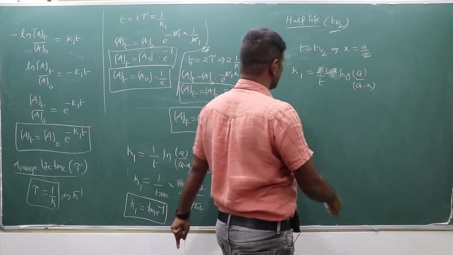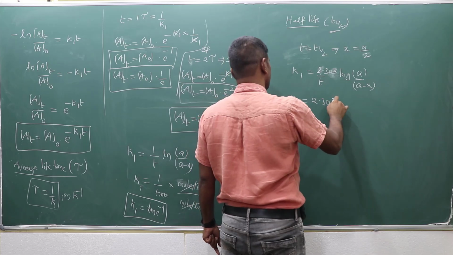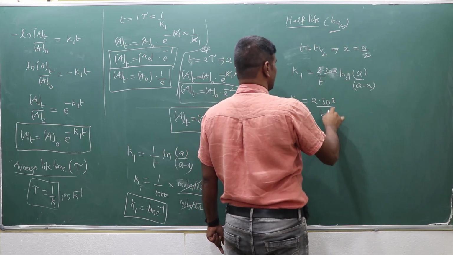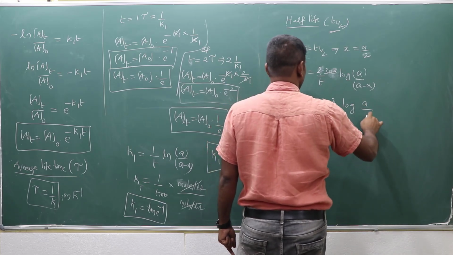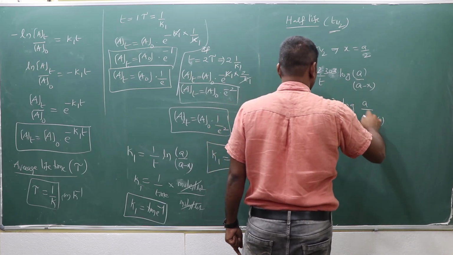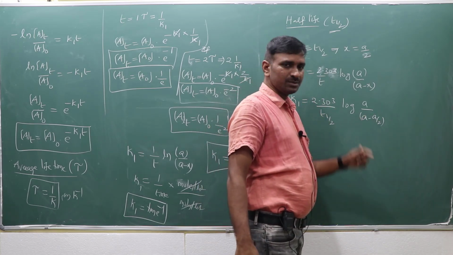In the place of x we substitute a by 2. So log a by a minus a by 2, that means a minus a by 2 is 2a minus a by 2.